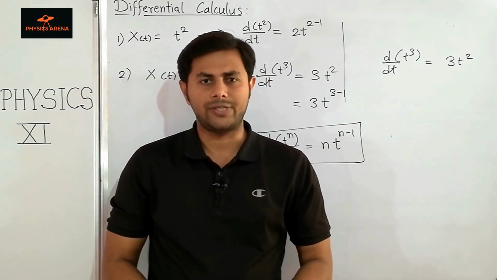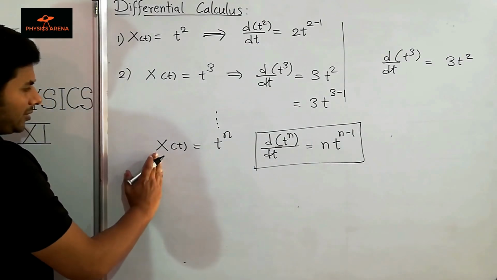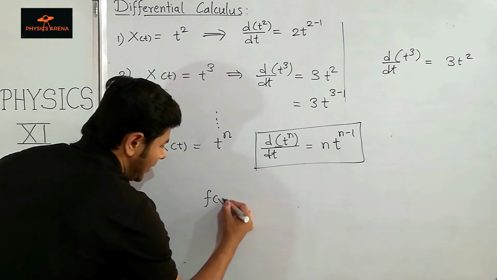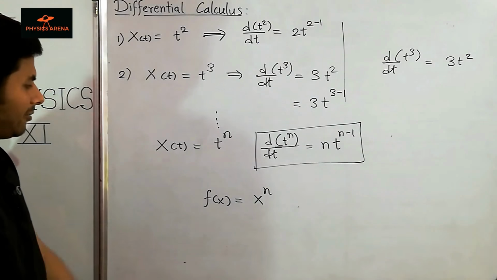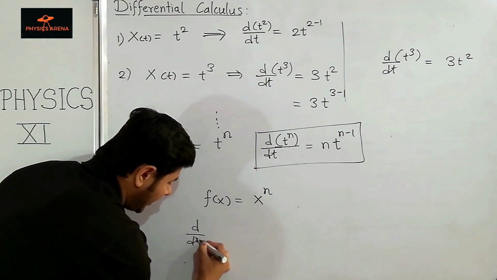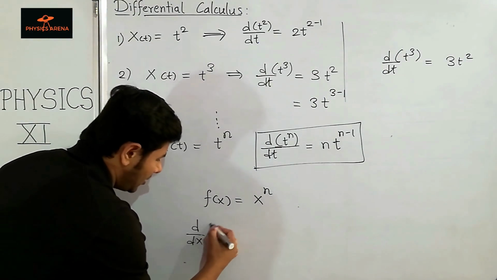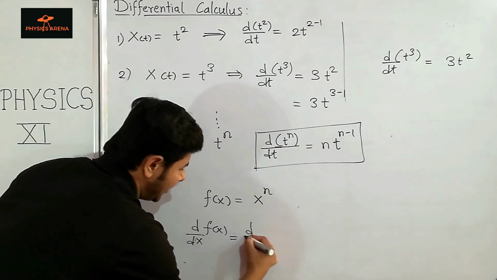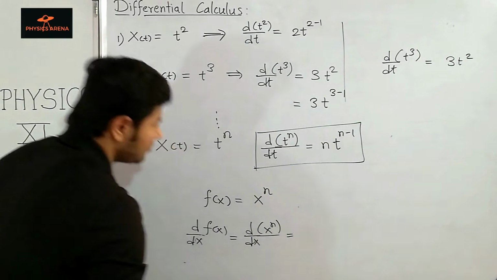Now sometimes the t is the variable, sometimes the variable will be something else. Let's say position, it might be a variable. So instead of a function of t, we can have some function of x equal to x raised to n. So what would be the derivative of that? So d by dx now, because the variable is x, of f of x is d by dx of this x raised to n.